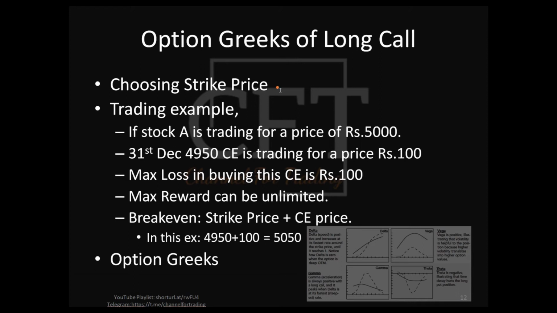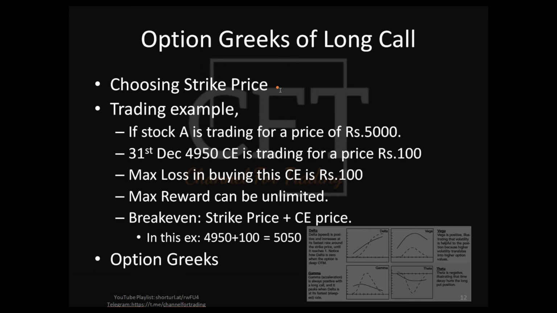Stock A is trading at a price of rupees 5,000. That is the current price of the underlying asset. The 31st December 4950 CE call option, which has the expiry of 31st December, is trading for a price of rupees 100.